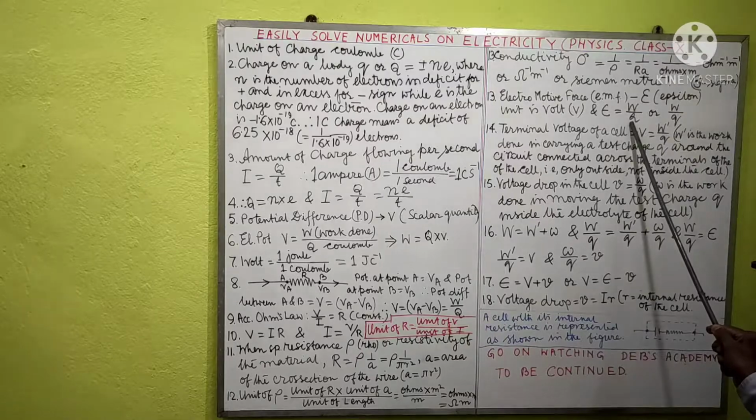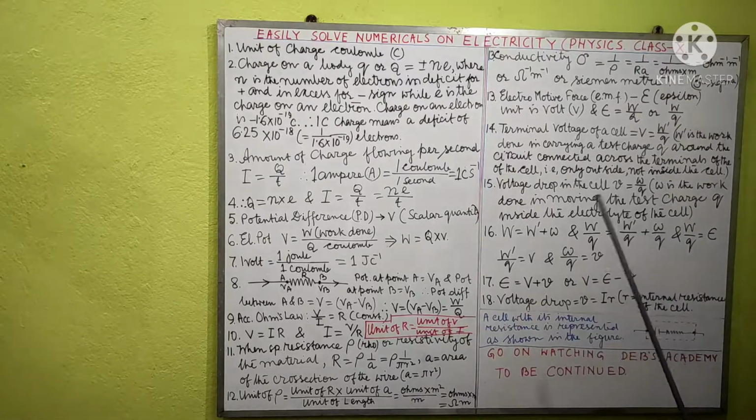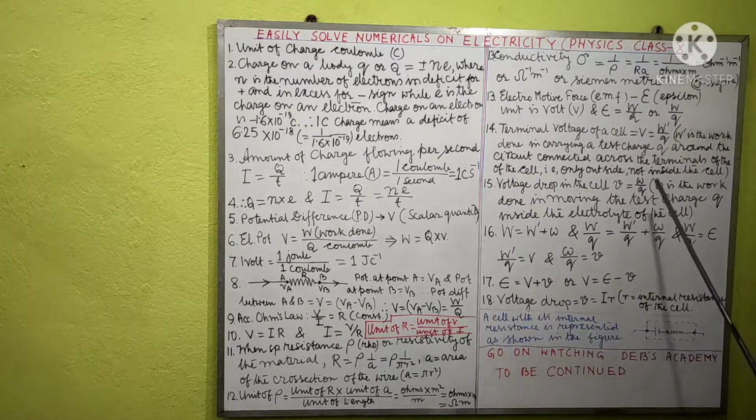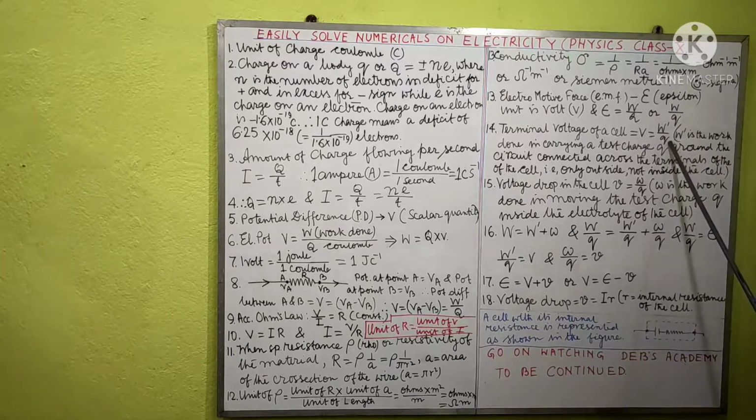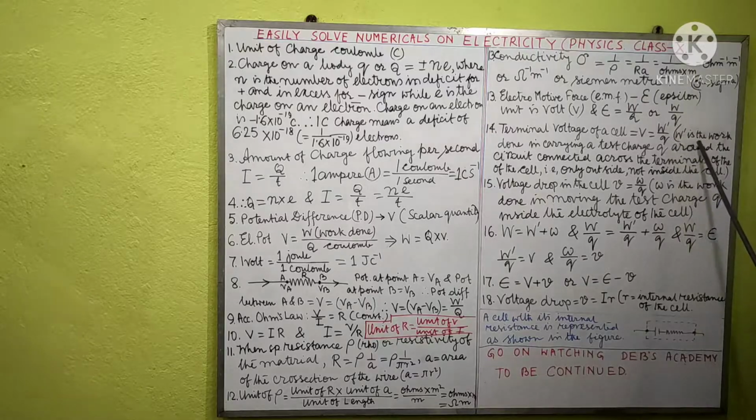Whether it is capital Q or small q, it is the same. And terminal voltage of the cell, that is V equal to W dash by Q. W dash is the work done in carrying a test charge Q around the circuit connected across the terminals of the cell, that is only outside, not inside the cell.